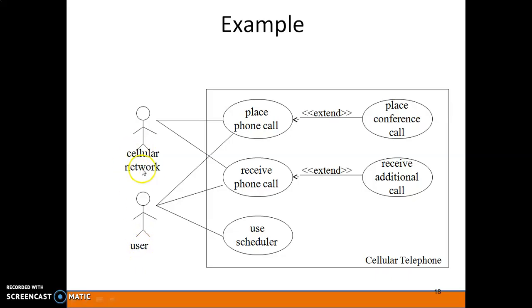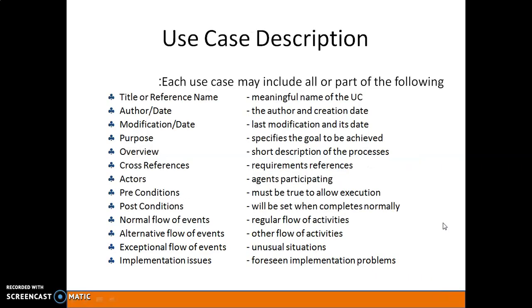These are the two actors and this is the boundary. And these are the different use cases needed while drawing the diagram: place a phone call, receive, use scheduler. These are the different relationships: place conference call, receive additional calls. This is one use case example of a cellular telephone.